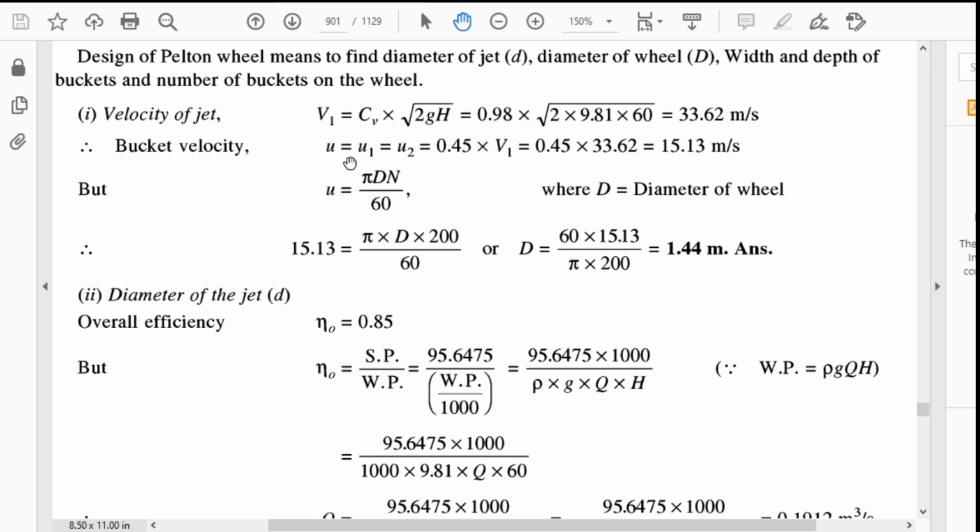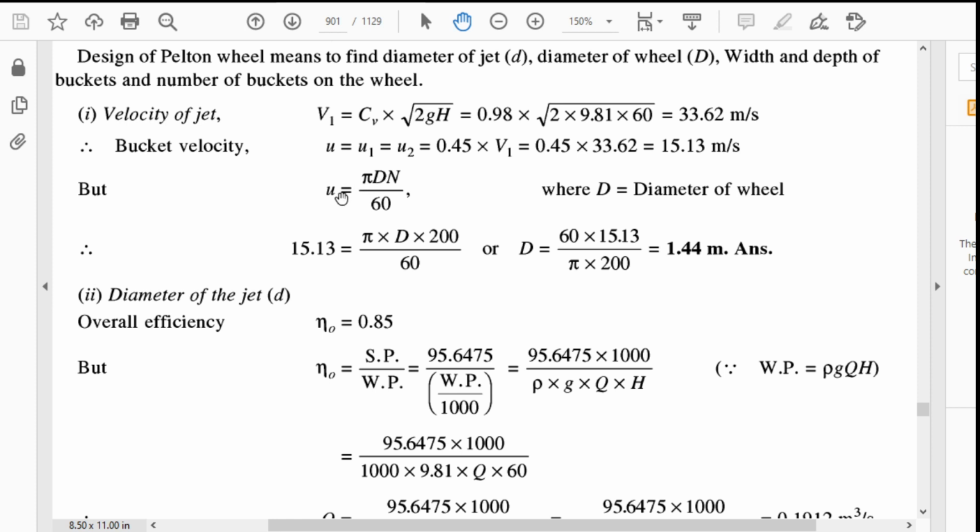But as I have explained previously, by using this formula and also this formula, we can find out the velocity of buckets. So this formula we are going to use for finding the diameter of wheel.